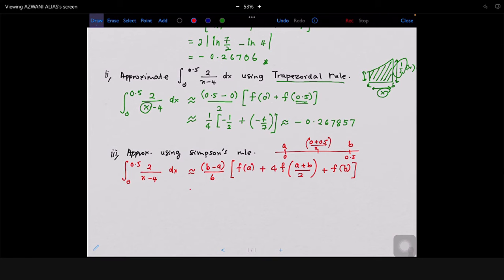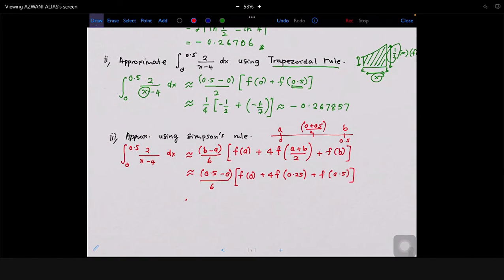Substitute all the value. B kita adalah 0.5 minus A divide by 6. F pada 0 plus 4 F pada 0.5 bahagi 2 apa? 0.25 plus F pada titik B 0.5. Okay. So, substitute the value. You akan dapat 0.5 bahagi 6, 1/12.